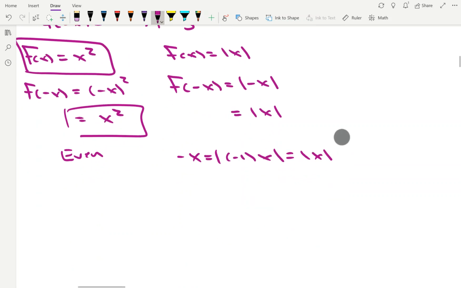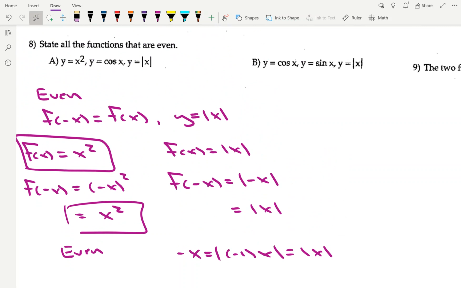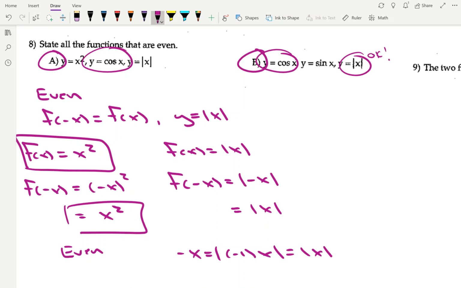Okay, now the only real problem here is they want you to choose either A or B. So far we're looking pretty good over here. So the only one we have to deal with is really cosine. If any of these are not okay, that means that's not the answer, right?